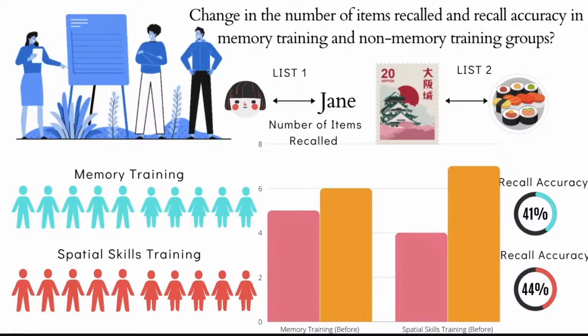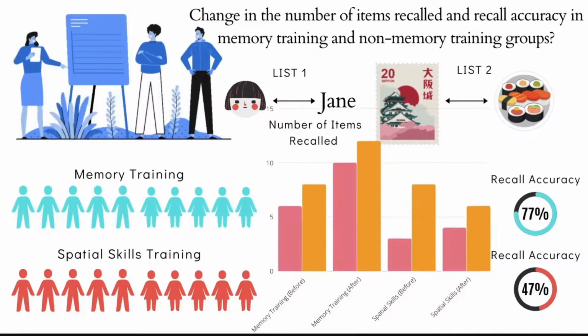Following this active training, the participants retake the recall test, and then we account for their post-training measures. Let's look at some mock data of the post-training measures. Here we have some mock data for the post-training, and we observe that the memory training group has done fairly well in both the number of items recalled as well as the recall accuracy as compared to the spatial skills training group.